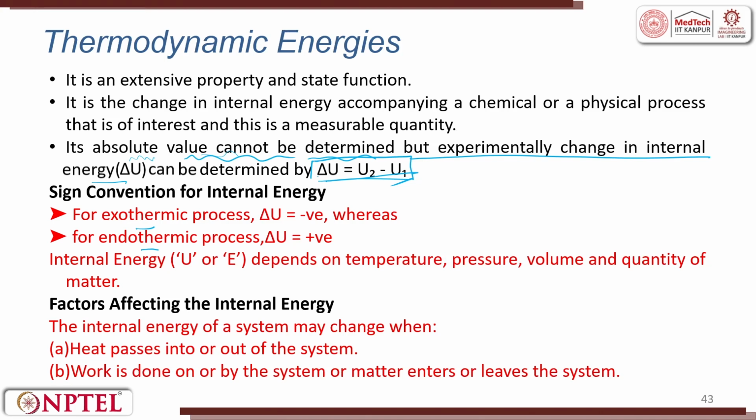If it is exothermic, we always say delta U. Delta U is nothing but the final internal energy minus the initial internal energy. So, if delta U is negative, then it is called exothermic. If delta U is positive, then it is called endothermic.